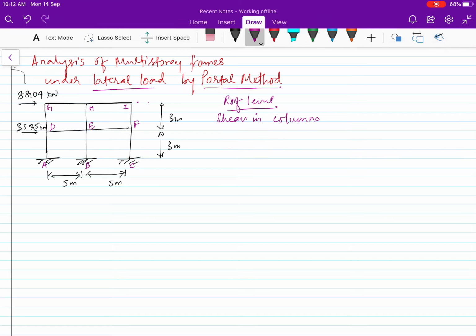Let me put this shear as, let me draw here. These are the contraflexure points that we are assuming in the portal method: in the beams at the midspan and for the columns at mid height. Let me put this as S1G for the first story, the shear in the column.